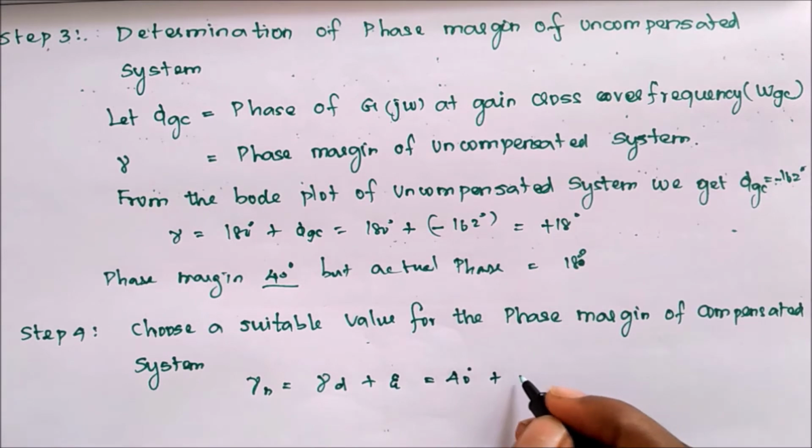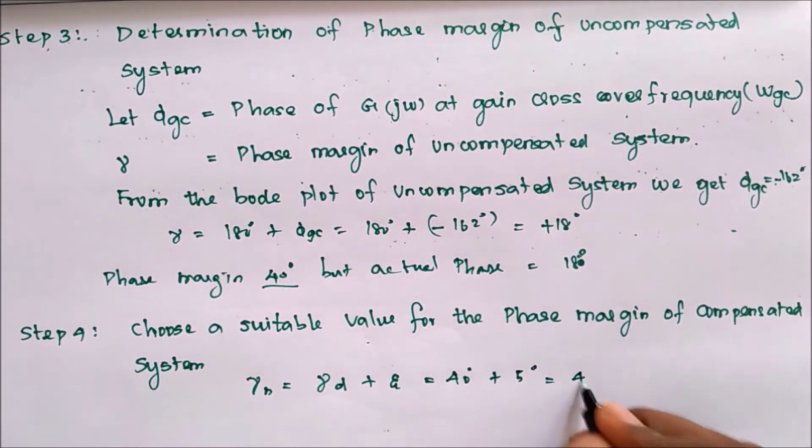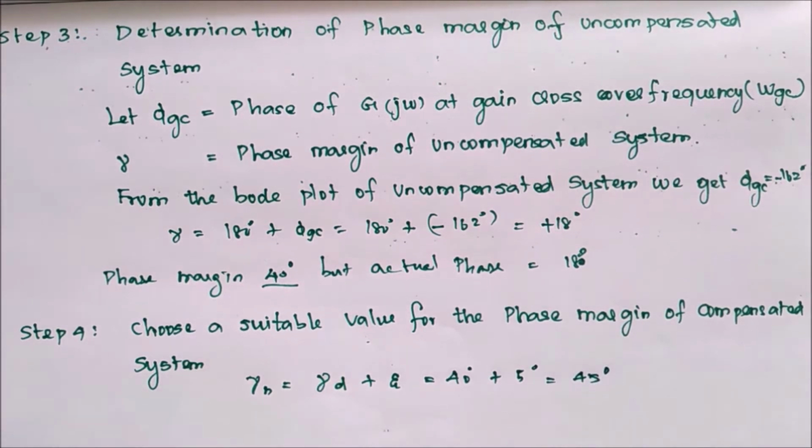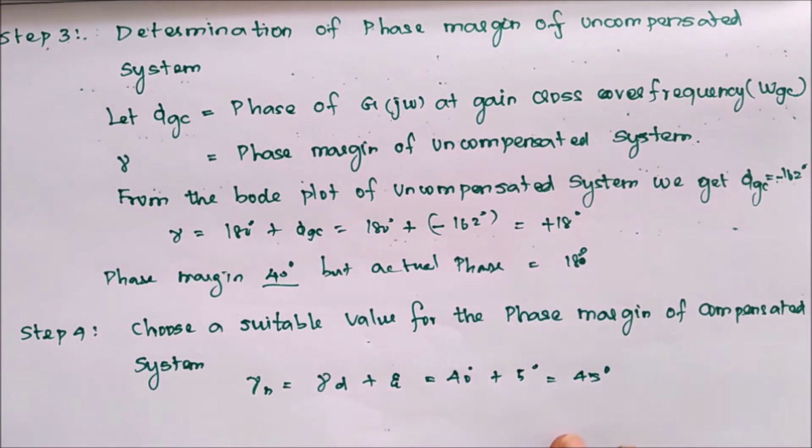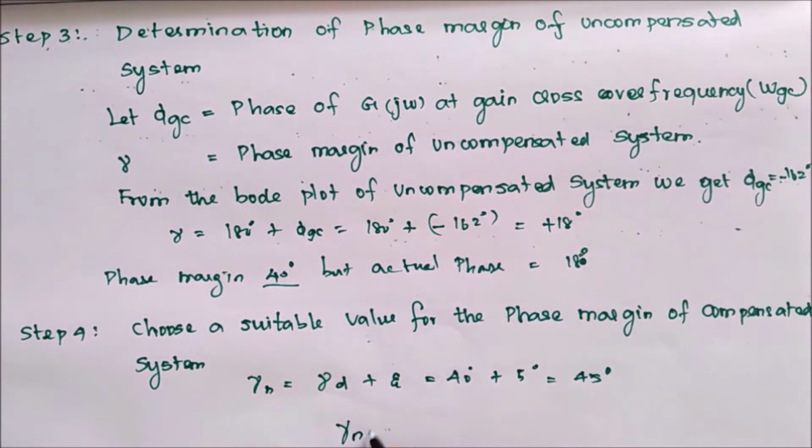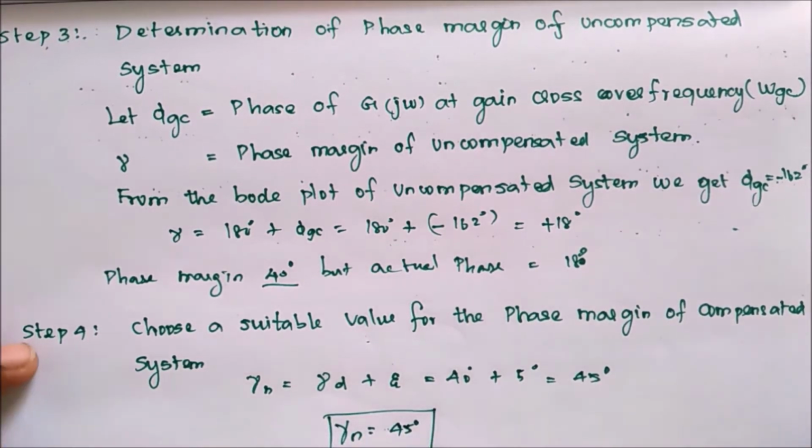Initially we select eta equal to 5 degree. Therefore the new phase margin gamma n is 45 degree.